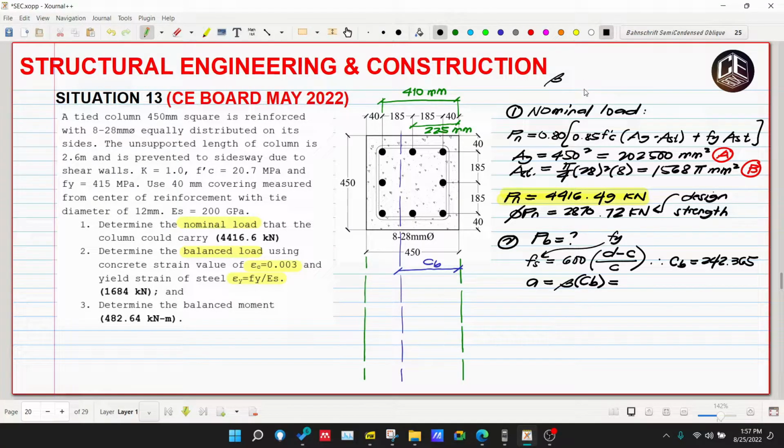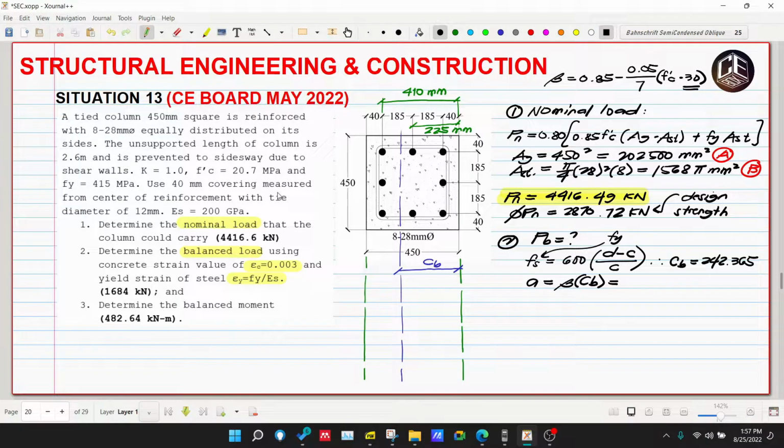Hindi ko na lang din siya na-search okay? Pero meron tayong code dyan, hindi ba? So, 0.85 minus 0.05 over 7 megapascal multiplied by F'C minus 30. Ayan. So, paki-double check na lang kung anong code to, yung 30. Kasi minsan daw 28 to, minsan daw 30.